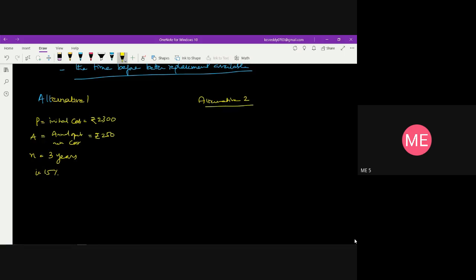which has an initial cost P of rupees 3,200.